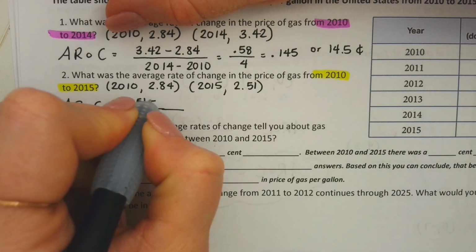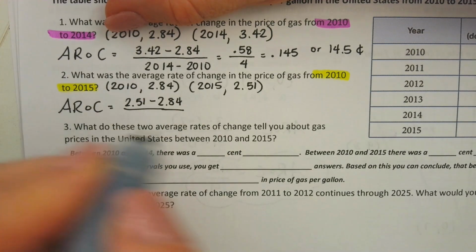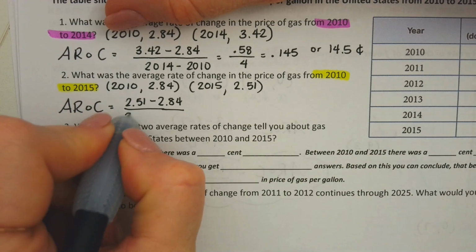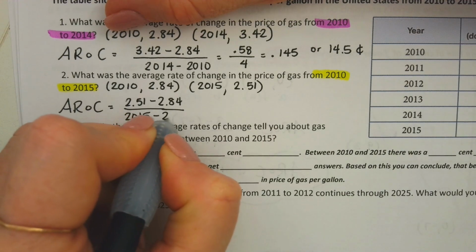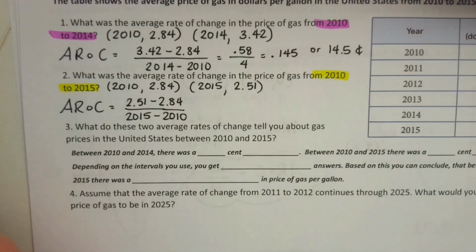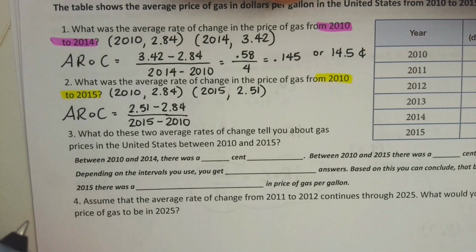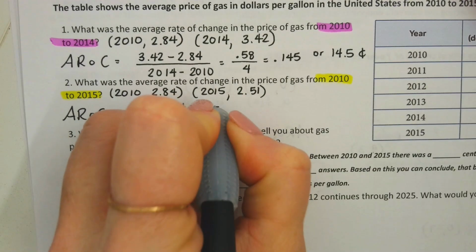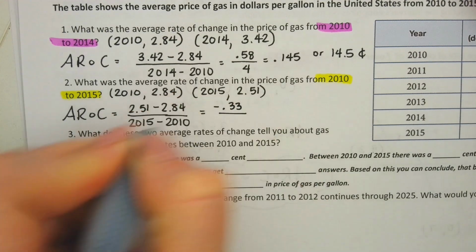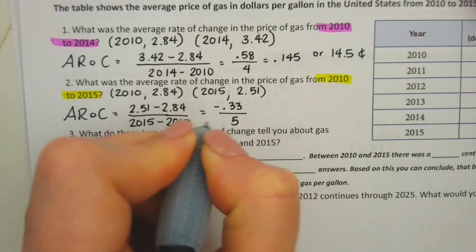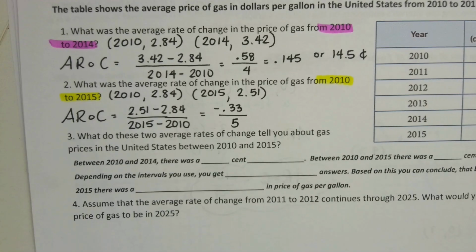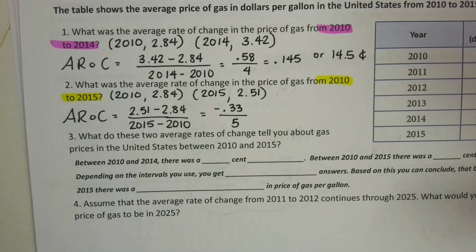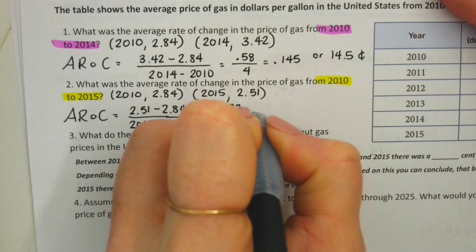And on the bottom, we'll have 2015 minus 2010. Again, if you need a calculator for this one, I left some out floating around. 2.51 minus 2.84 would be negative 0.33 over 5 years, and negative 0.33 divided by 5 years would be negative 0.066.